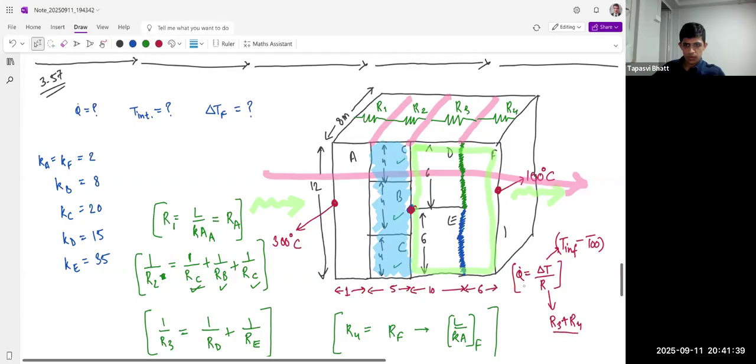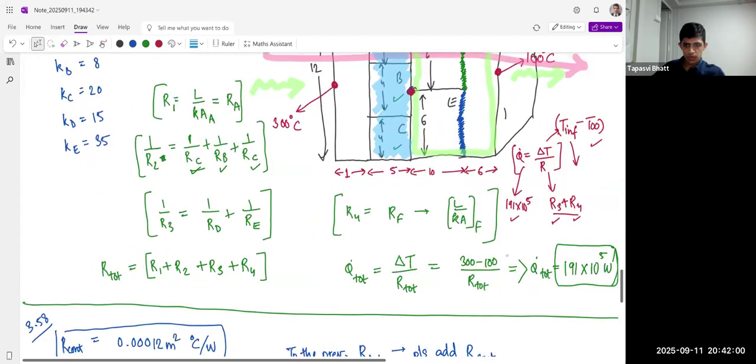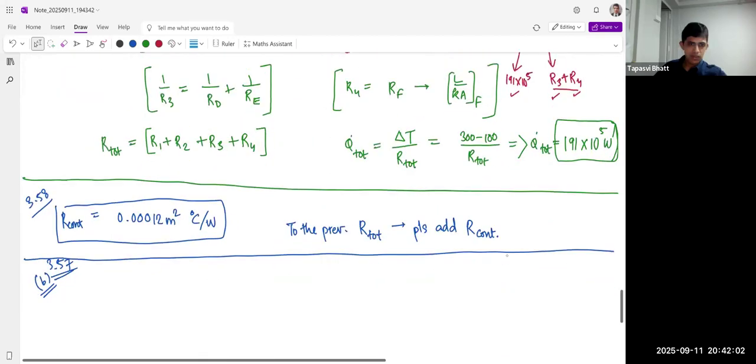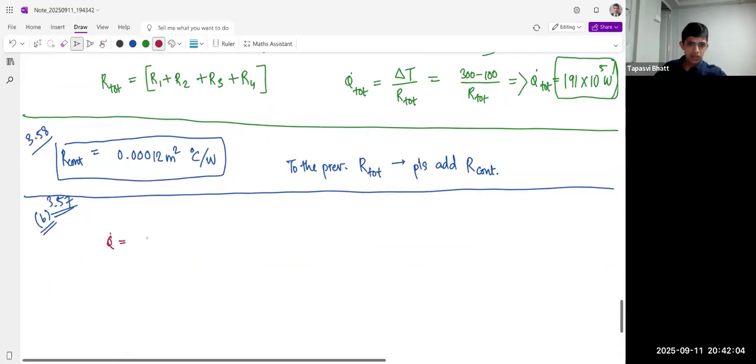Because here the temperature is 100, here the temperature is T interface. The resistance in between is R3 and R4, and they are in series, that's why we write R3 plus R4. We know Q dot, 191 times 10 to the power 5. So we have R3, we have R4, we have Q dot, we have 100. We can calculate T interface, not T infinity.